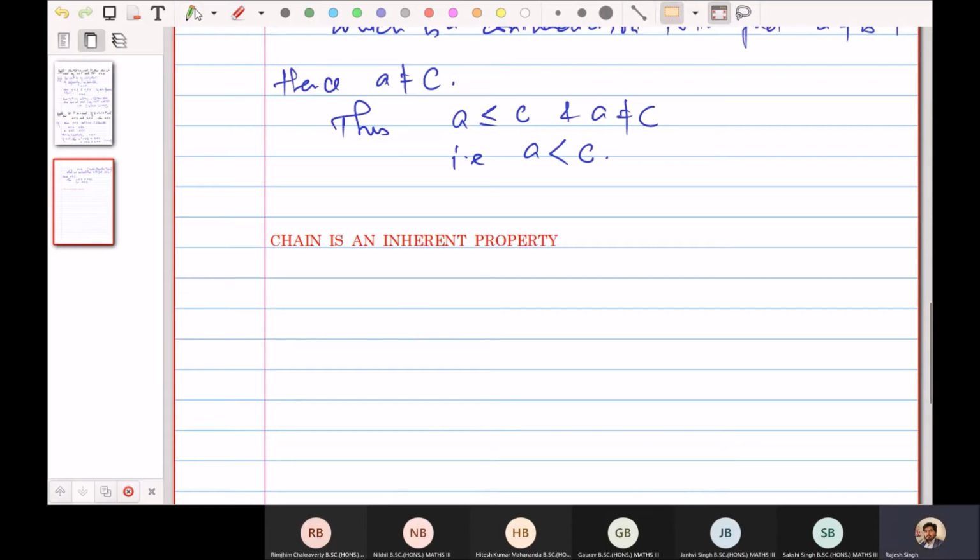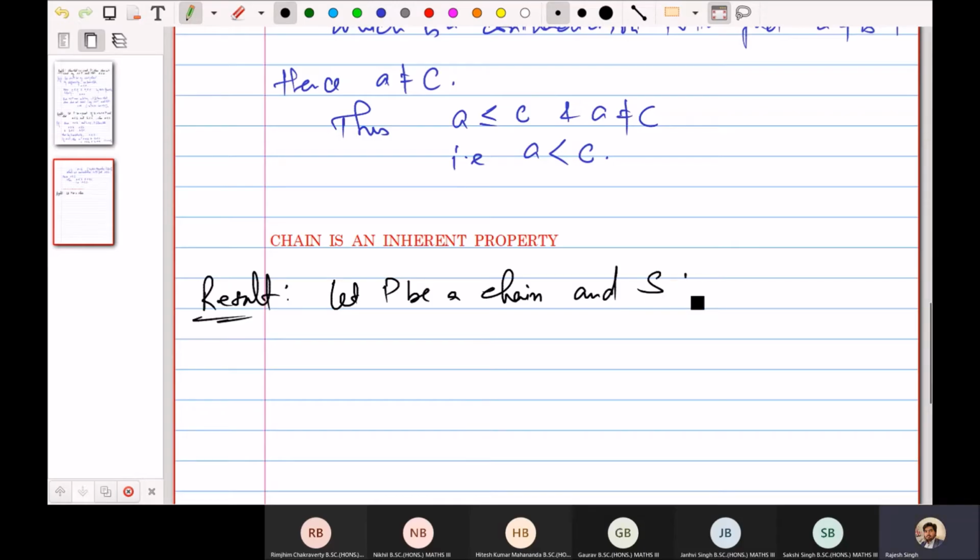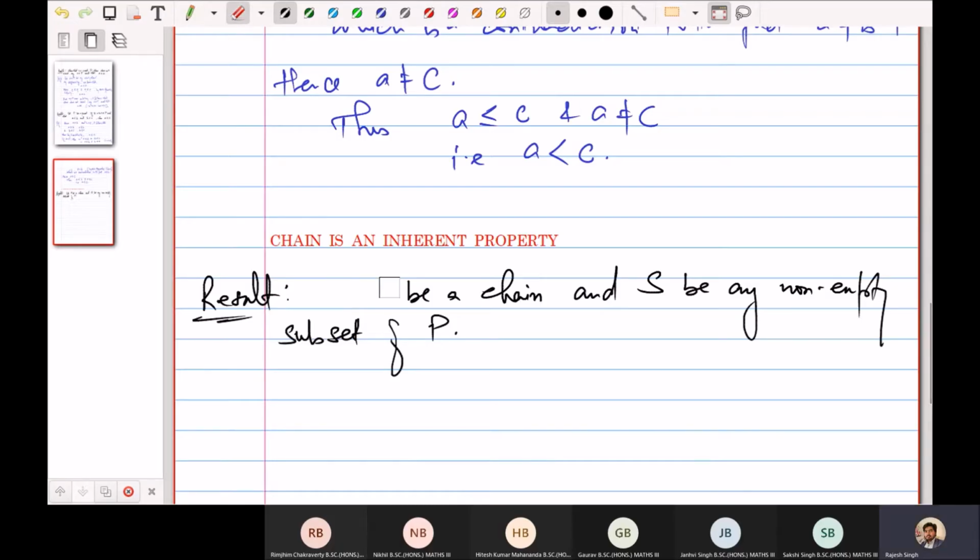So we start with this result. Let P be a chain. So this P is any chain, okay? And S be any non-empty subset of P. क्योंकि we need a relation, so इसको रिलेशन को नोटेट भी कर देते हैं.